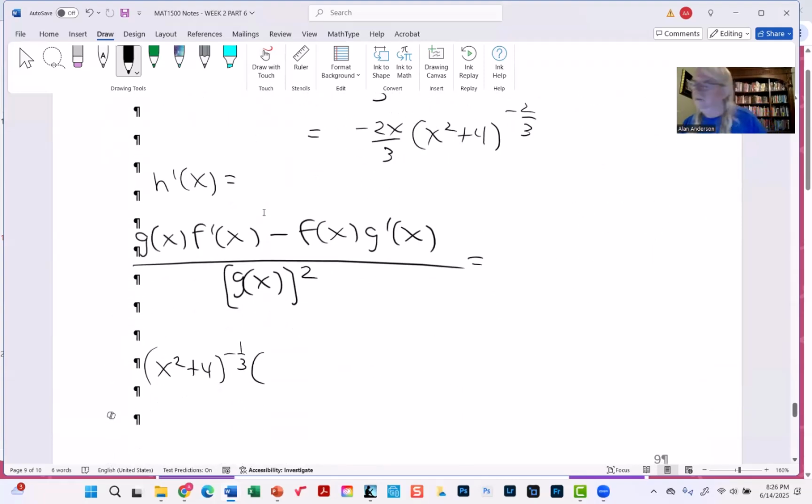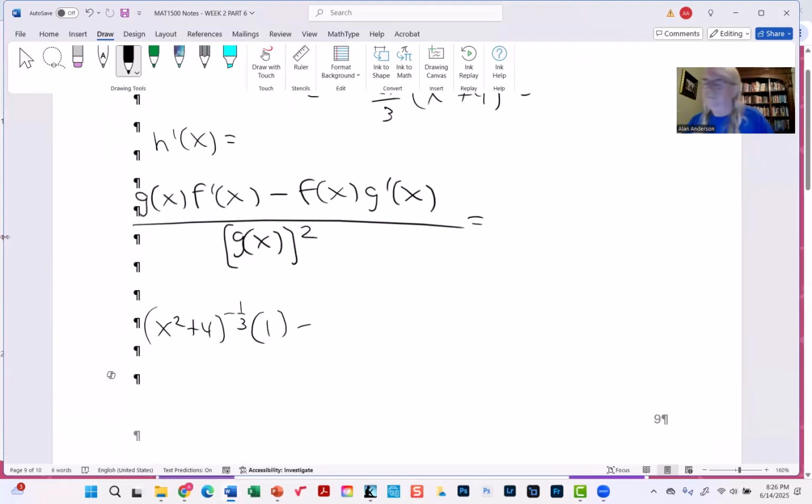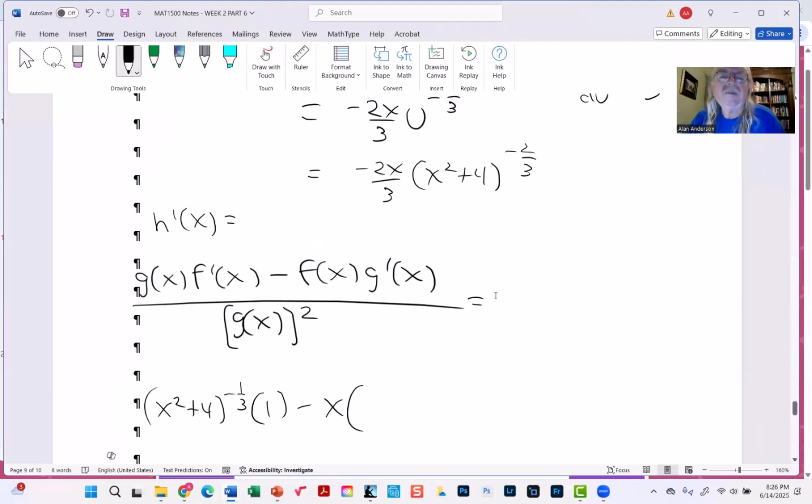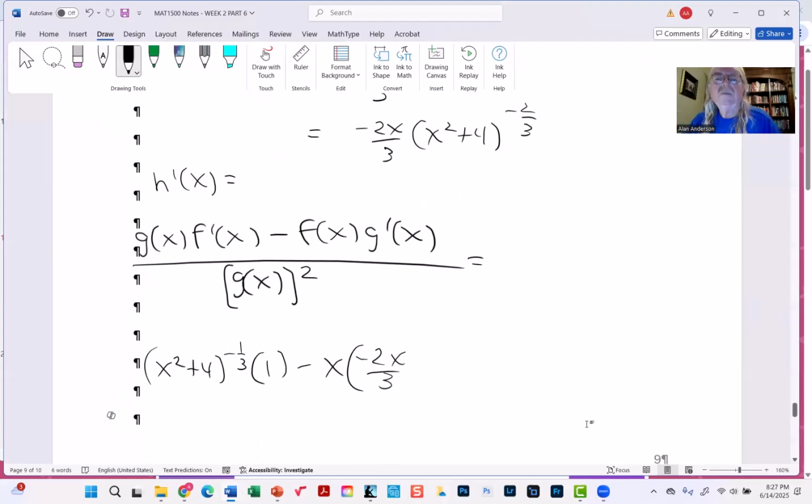Okay, that's easy. f of x is x. Well, that's easy. And then we have this mess on our hands, g prime of x is 2x over 3, x squared plus 4 to the minus 2/3.